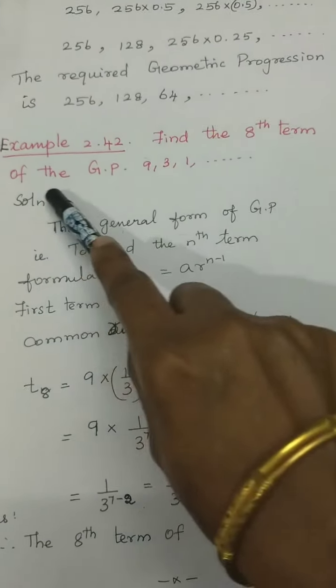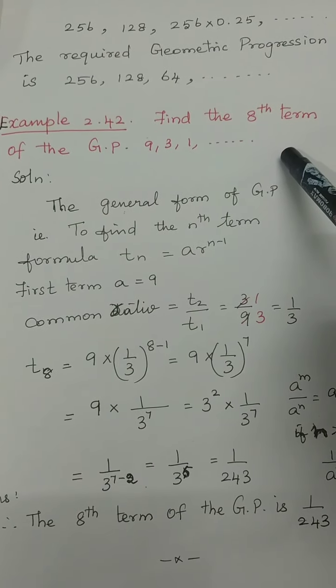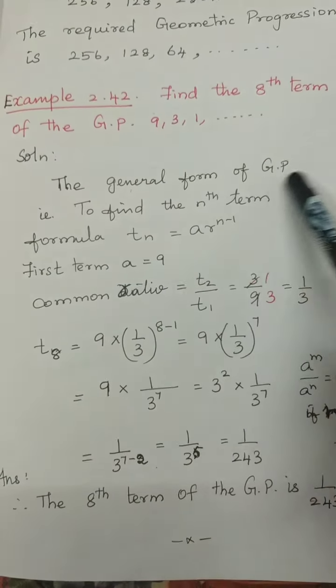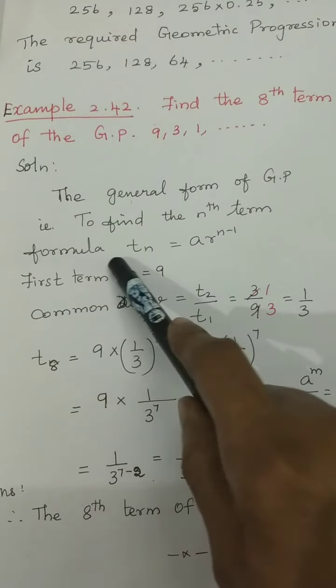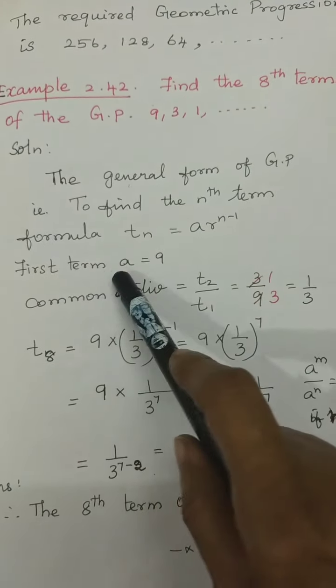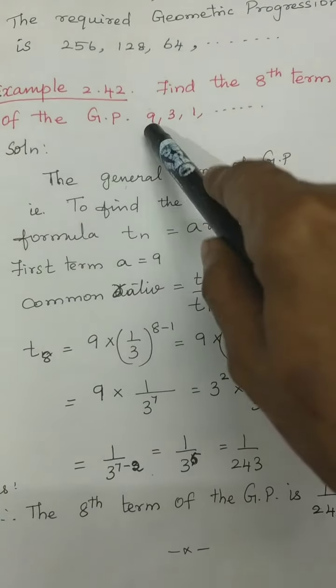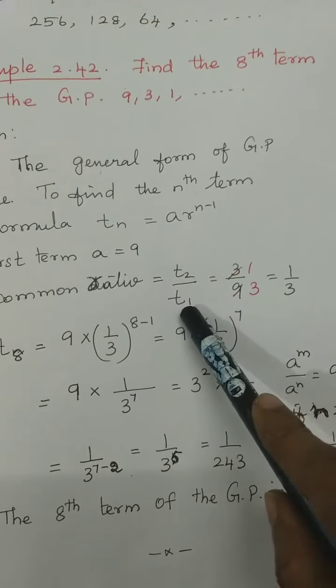Example 2.42. Find the 8th term of the GP 9, 3, 1 and so on. The sequence they are given. The general form of GP, that is to find the nth term. Formula is Tn equal to A r power n minus 1. First term is A, that is 9. The common ratio is 3 by 9, T2 by T1.